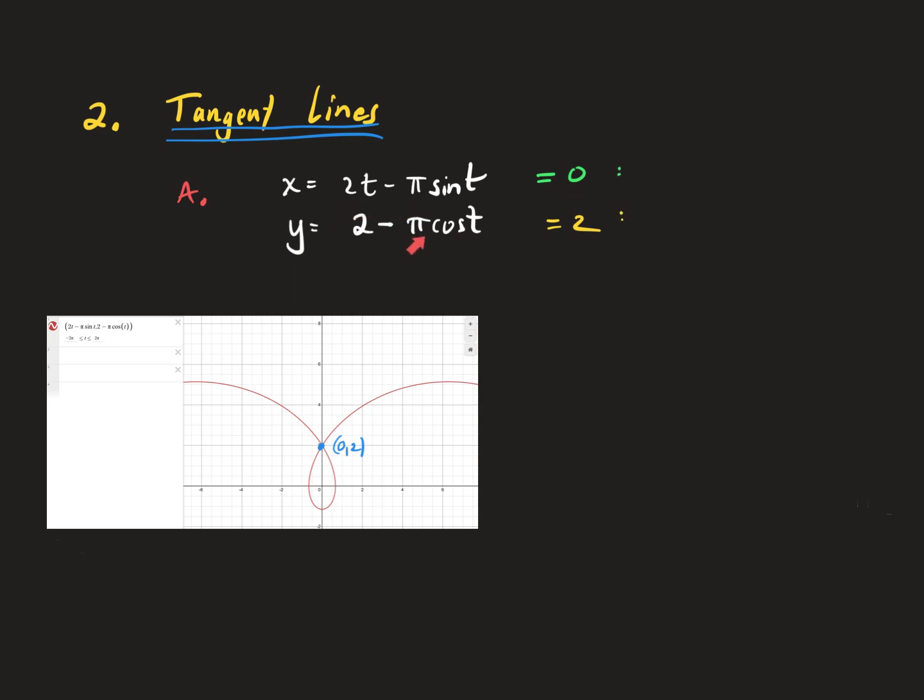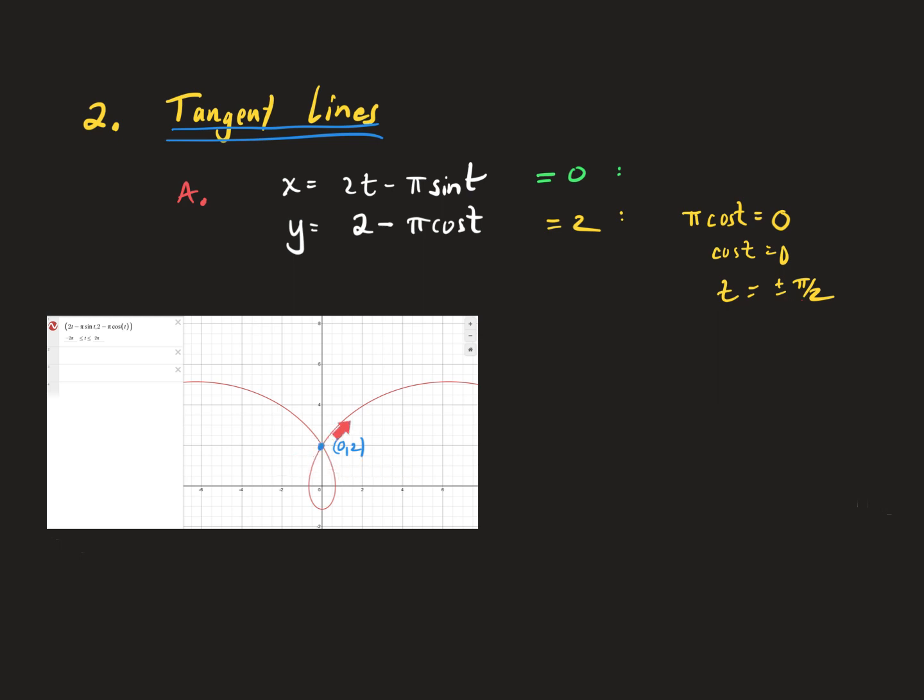Solving for t will be easier in this equation because there's only one term with t in it. There's two terms with t here, but we can't factor this t out, so let's solve this one for t. We really quickly see that it happens when t is positive or negative pi over 2.